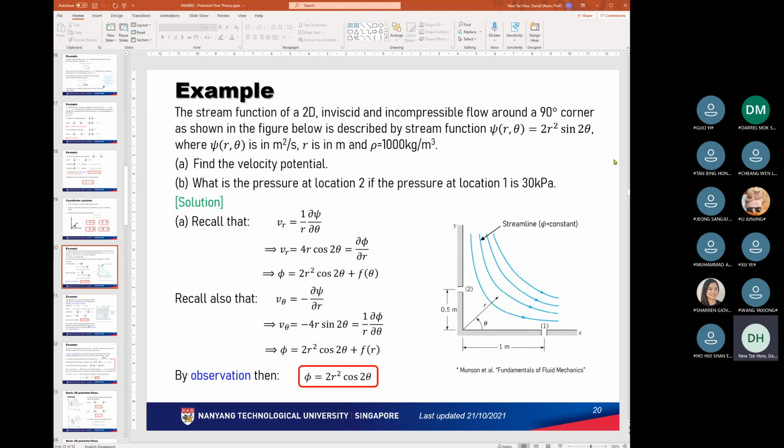Now, this slide shows how we get the VR and V theta. VR was obtained by doing this partial differentiation of the stream function, psi. Now this stream function, psi, if you look at the blue streamlines in the figure, describes the entire flow field where R is in meters.